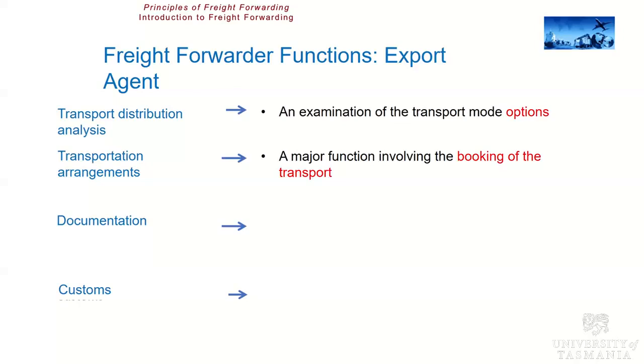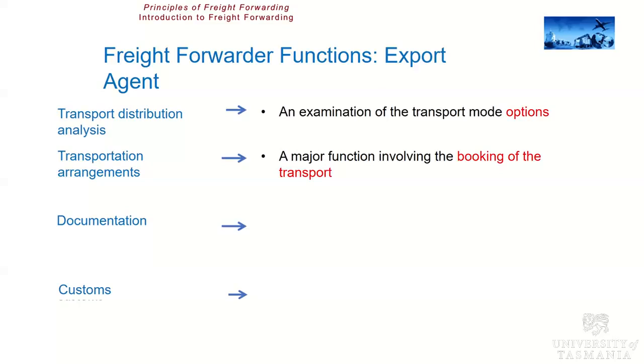If you send it by air, this is if you send it by sea, this is if you send it by perhaps rail. And the bottom line is going to be how long it takes by air and sea, how long it takes by the other forms of transportation, and how much it costs. And then it comes back to the nature of the product and the requirements of the customer.